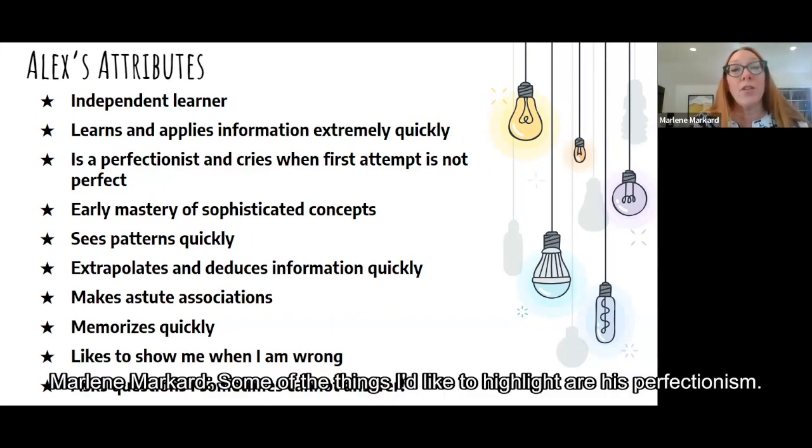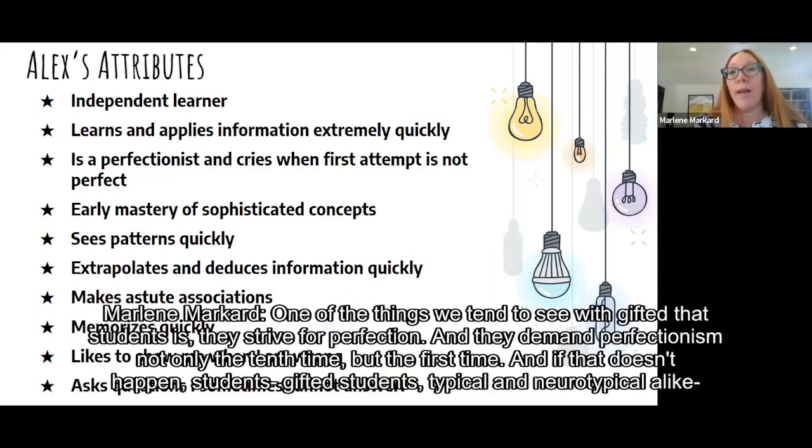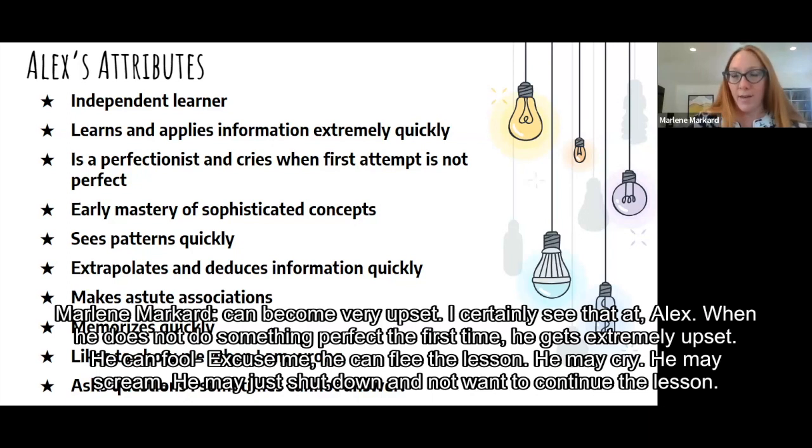And some of the things I'd like to highlight are his perfectionism. One of the things we tend to see with gifted students is they strive for perfectionism. They demand perfectionism, not only the 10th time, but the first time. And if that doesn't happen, gifted students, typical and neurotypical alike, can become very upset.